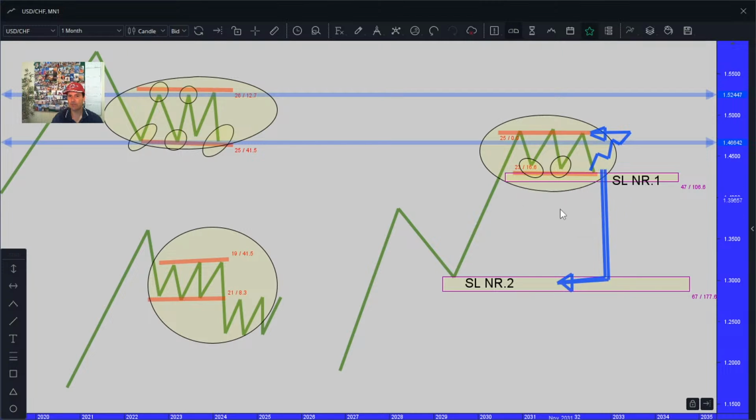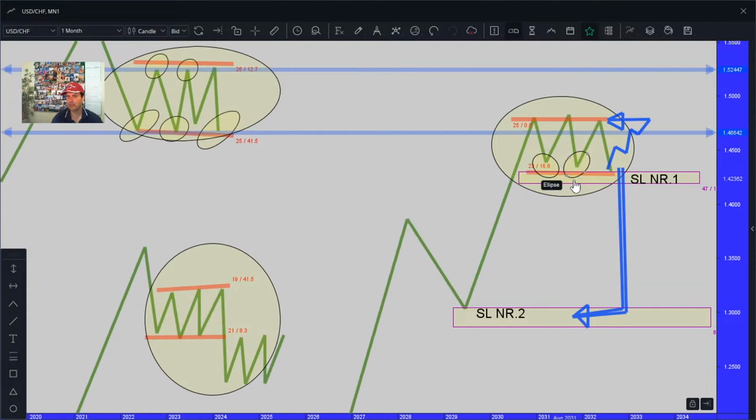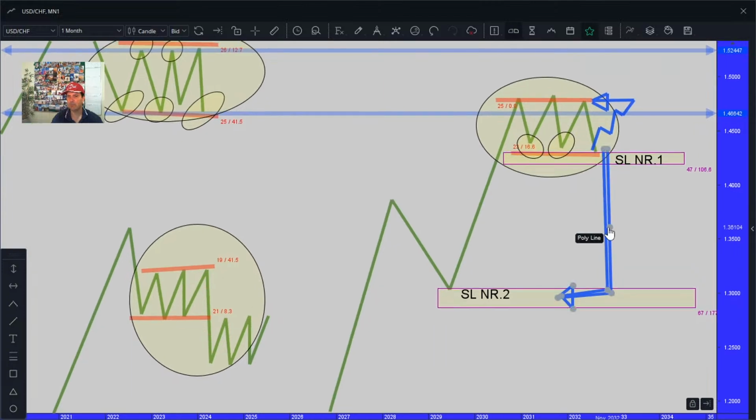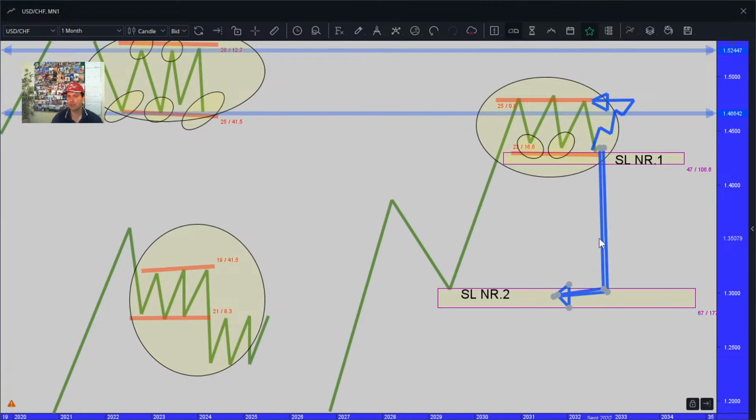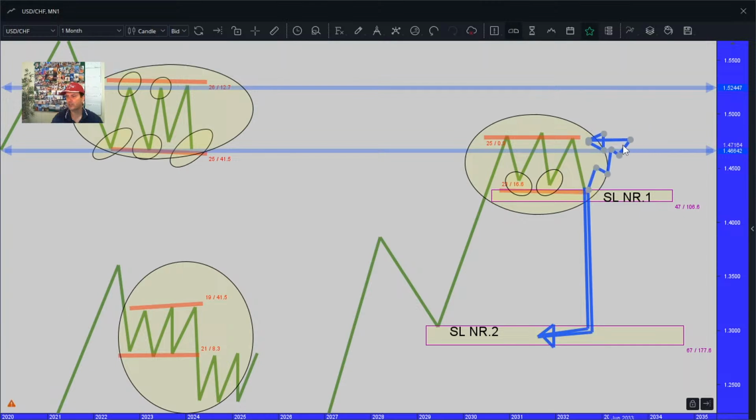Back to class, everybody. If I buy consolidation, if I buy support inside this trend, and if I put the stop loss at stop loss number 2, should I or can I profit take up in here? Yes or no?